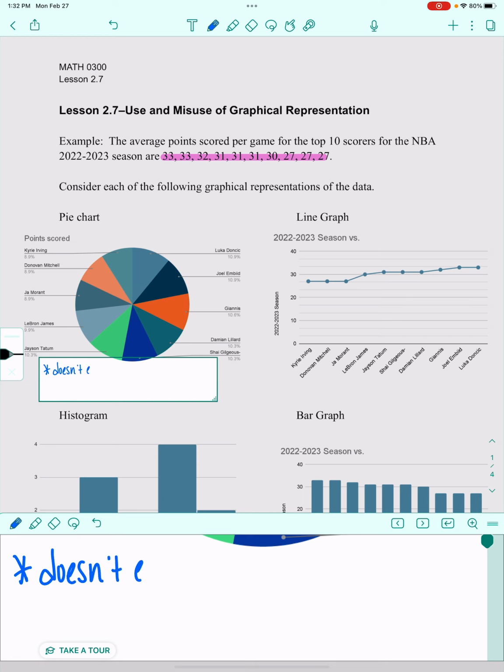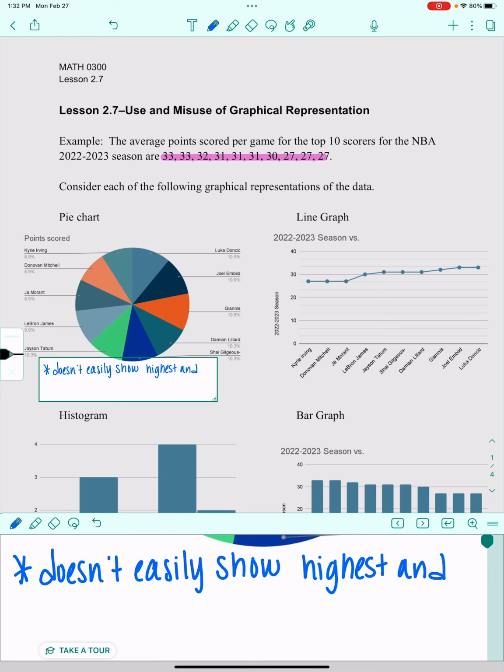So it doesn't easily show highest and lowest scorers. All of the pieces look relatively the same size.